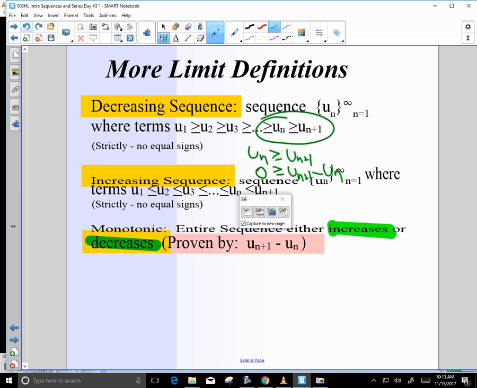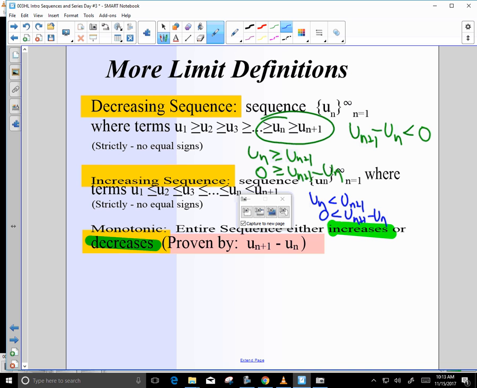Less than 0, right? So decreasing is just u of n plus 1 minus u of n, the next term minus the previous one, is going to be less than 0. What do you think it's going to be for increasing? Well, now you have u of n less than u of n plus 1. And if you go u of n plus 1 minus u of n, you can see that it is going to be greater than 0.